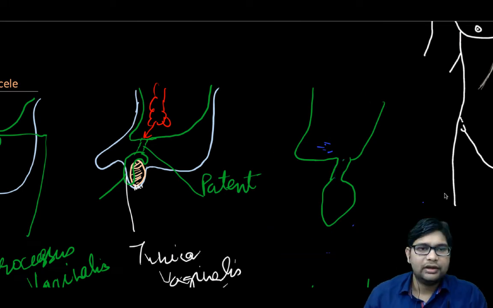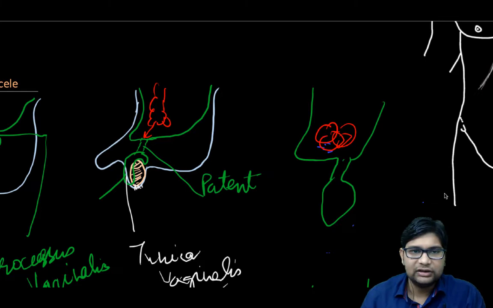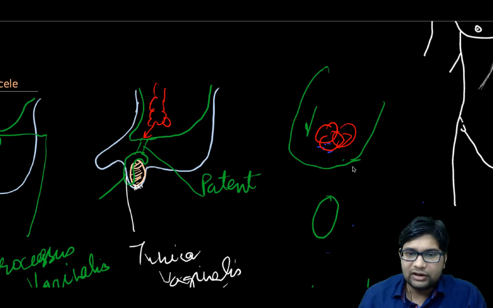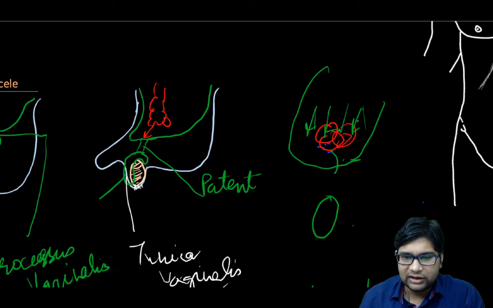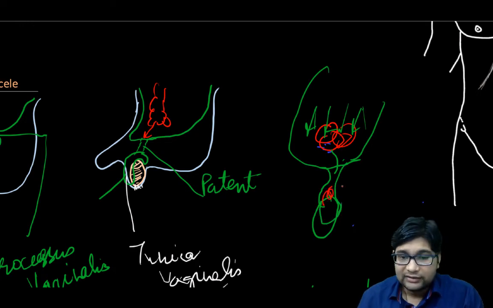This is congenital hernia. In acquired hernia, there is increased intra-abdominal pressure. There is no patent processus vaginalis in acquired hernia, but due to increased intra-abdominal pressure, the content herniates, and it also takes part of the peritoneum along with it, which is again known as the sac of the hernia.